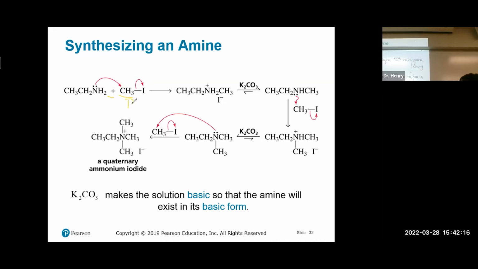This should be represented as R, because it could be any carbon chain, right? Especially if it's a primary halide rather than a tertiary, because it's easier for it to do that. Okay, so this intermediate forms, and then in the presence of potassium carbonate, it's going to end up making the solution a lot more basic.